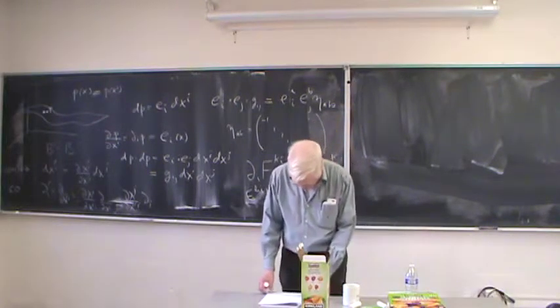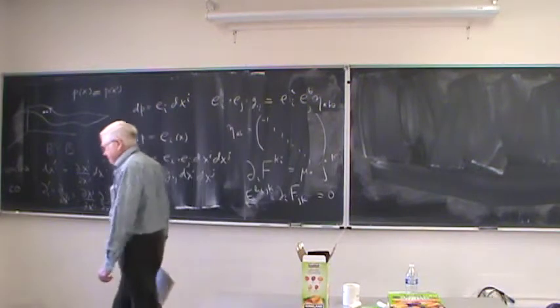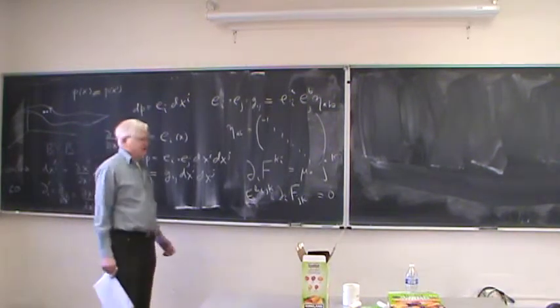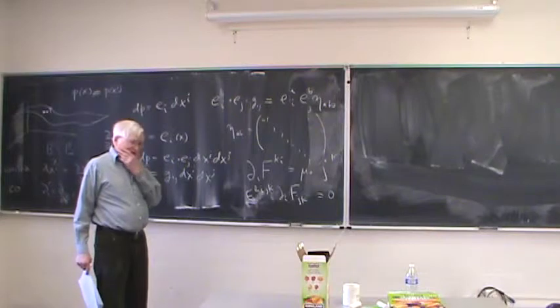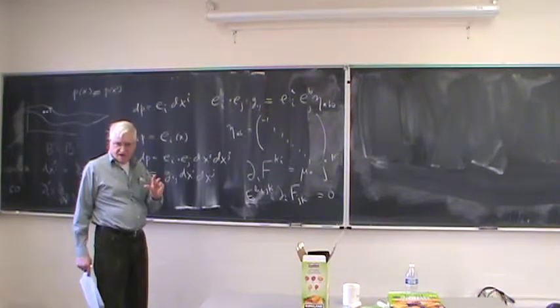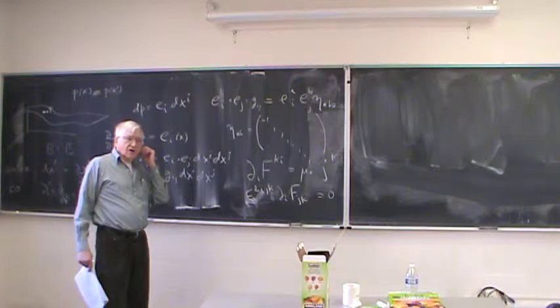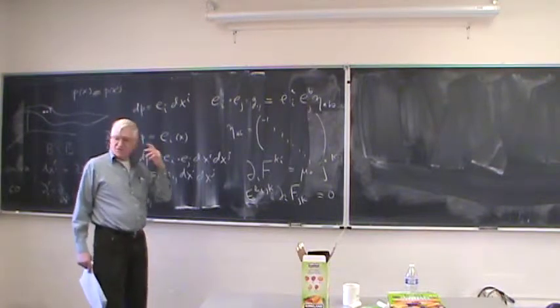All right. Let me just say a few words about differential forms, because there's one part that's quite nice and quite easy to understand, and then there are other parts that are interesting but much harder to understand.